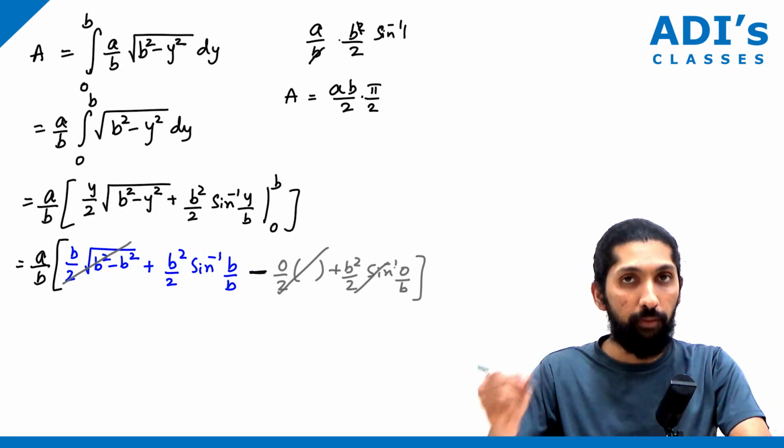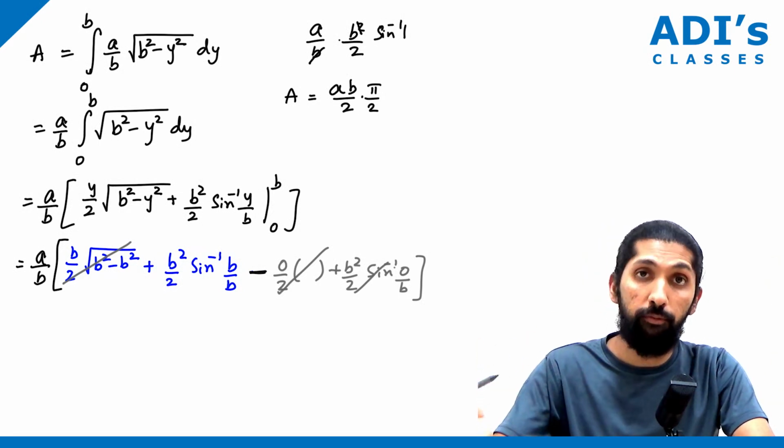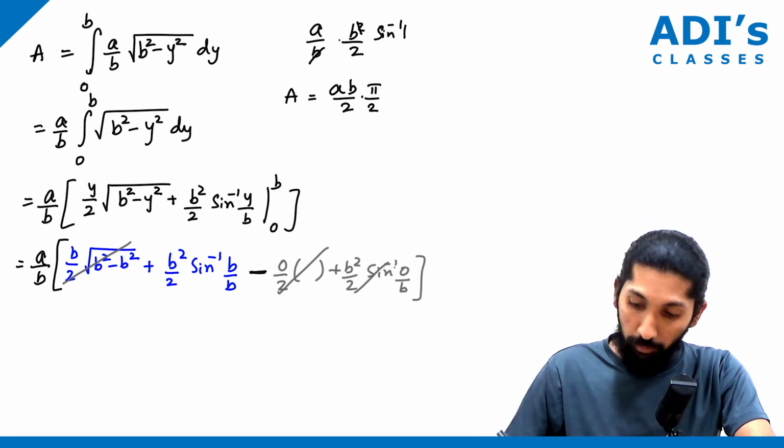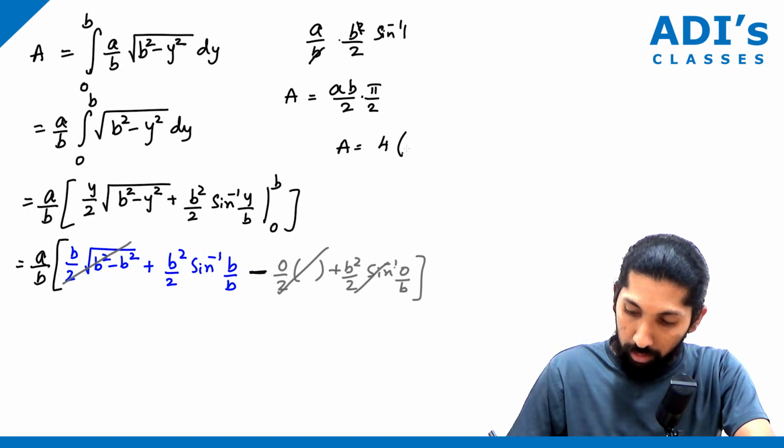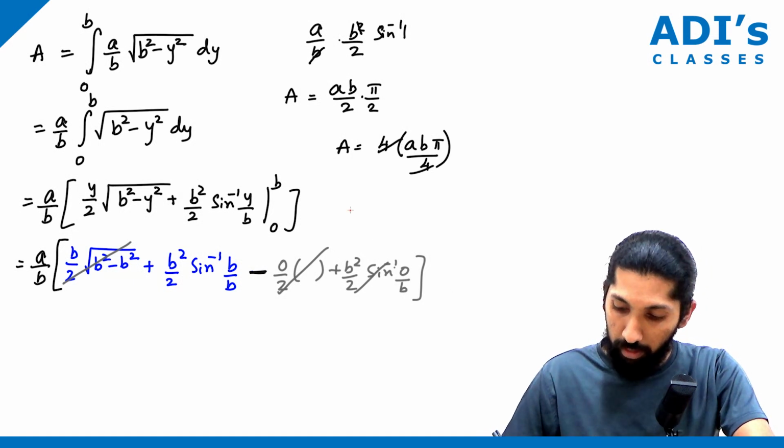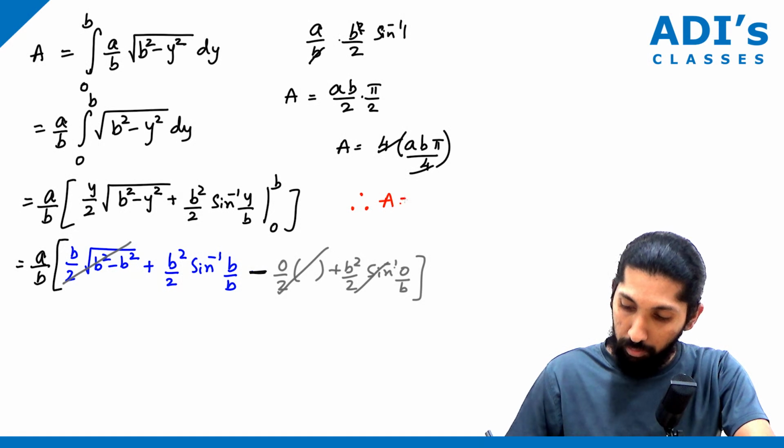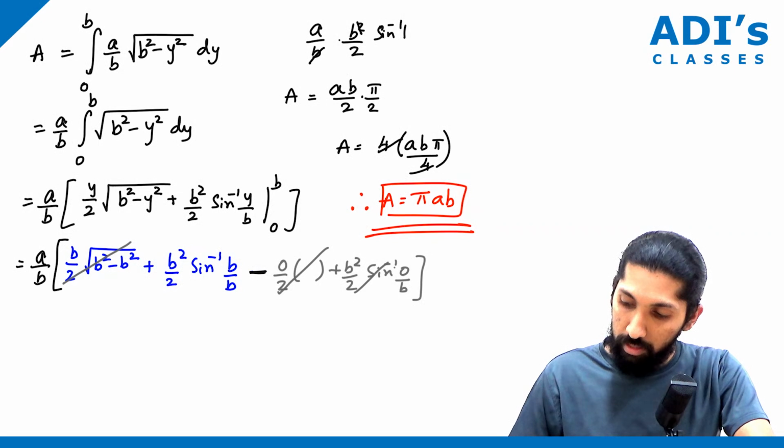To find the area of the ellipse, what do we do? Multiply this by 4, correct? So the final area becomes 4 into ab pi divided by 4. Cancel 4 and 4. So what do we end up with? Therefore, A is equal to pi ab. This is the final answer.